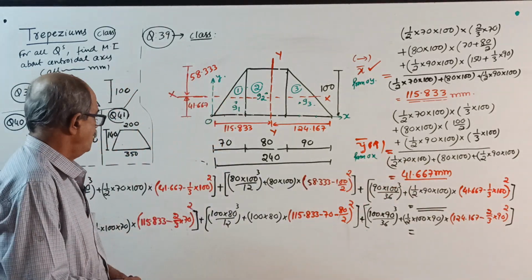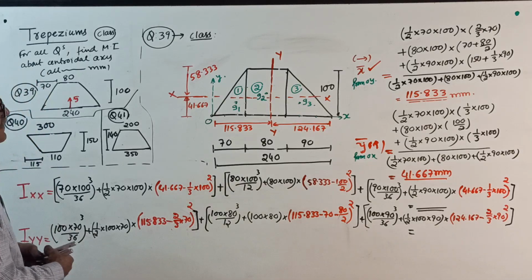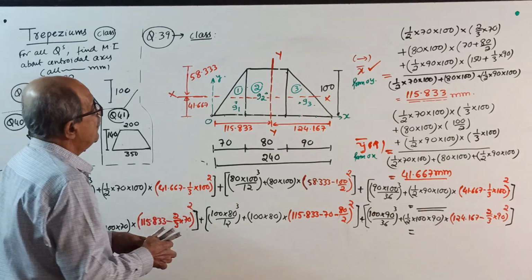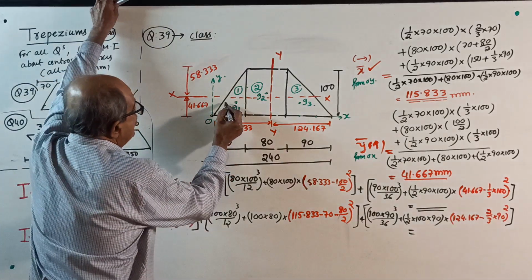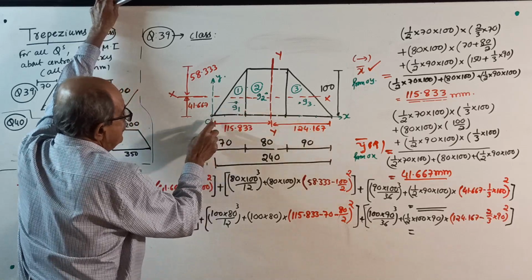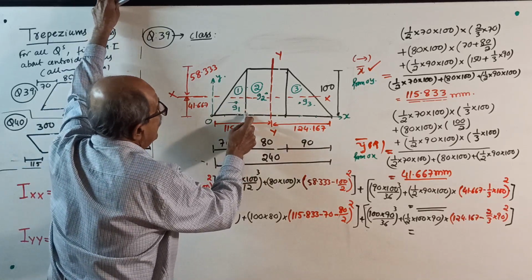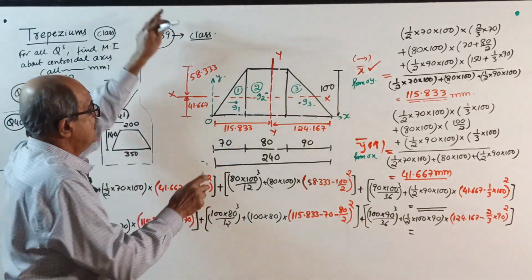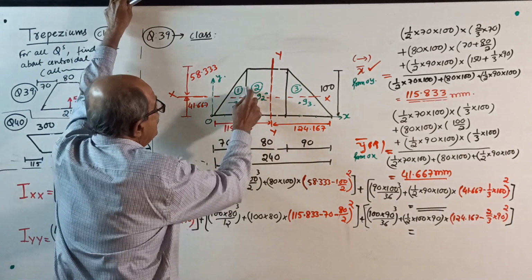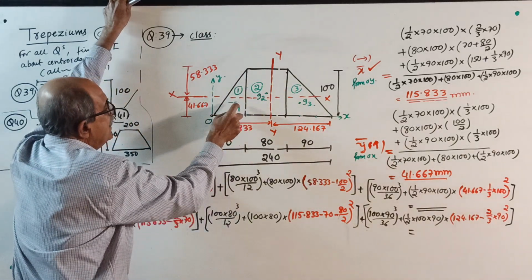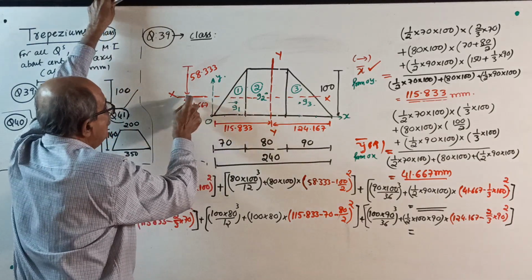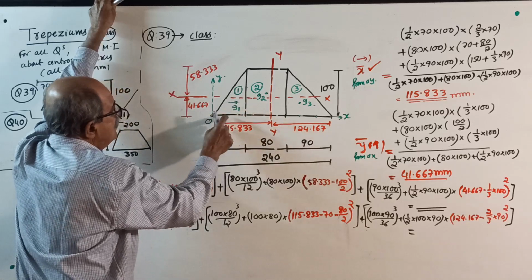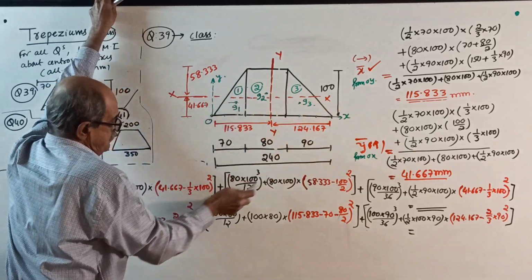Okay. Now, start. I about xx. I want to see the statement here. Okay, start. First, I about its own centroidal axis. 70 into 100 cube by 36 plus area into this distance square, 41.667 minus 1/3 of 100 whole square.